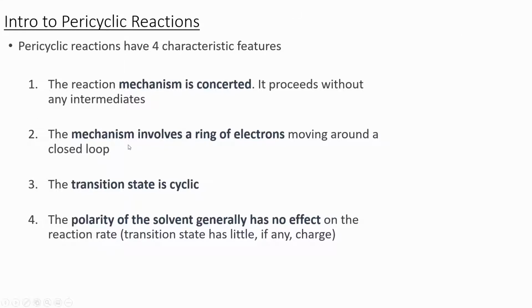The mechanism of the reaction is going to involve the electrons moving in a ring that is a closed loop. The transition state of a pericyclic reaction is going to be cyclic. And then finally, the polarity of the solvent has no effect on the reaction rate.